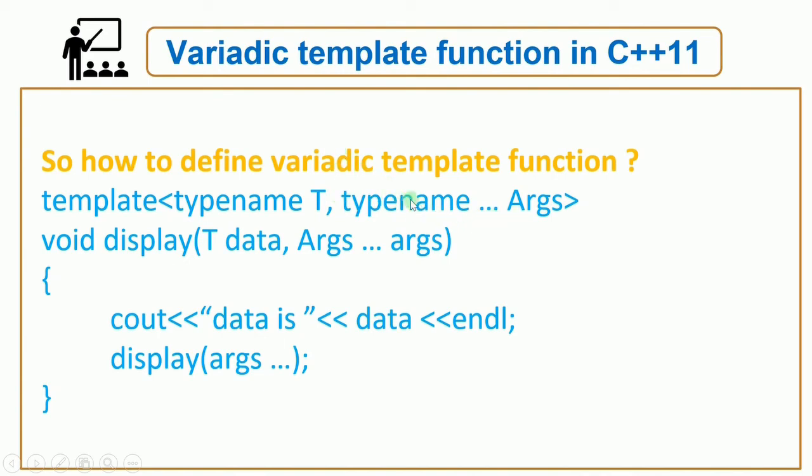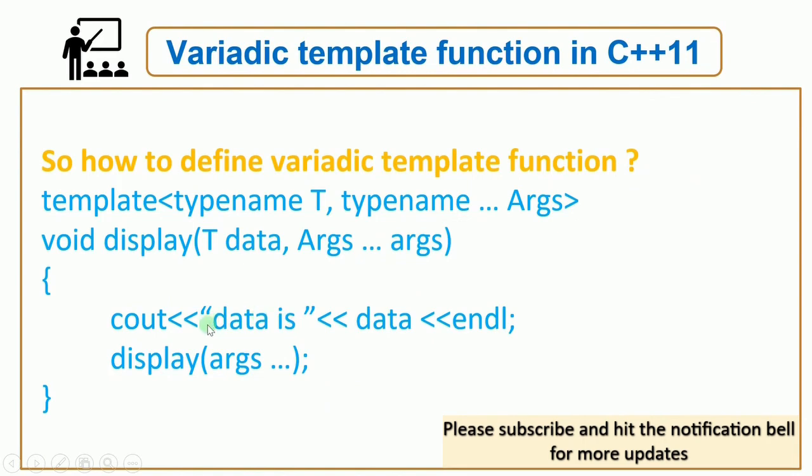You add one more typename, and then triple dot, args. And then in this display function, we pass this capital T as the first argument, with the name data and the data type T, and then comma, this args with triple dot, in this manner.